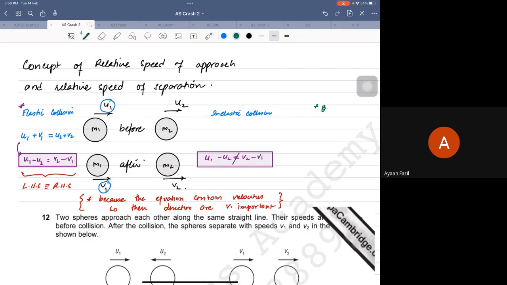By using this equation, you do not need any mass. Even if masses are not given, do not worry, you can use this equation to solve it. That is why it is important to remember this. This is not an option, this is a must to remember this equation. Okay, is it clear?